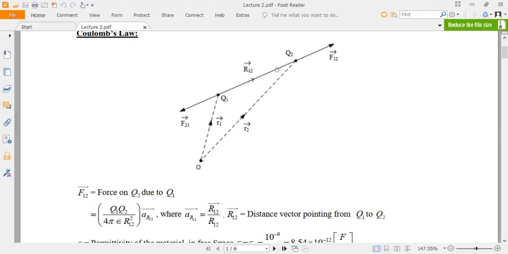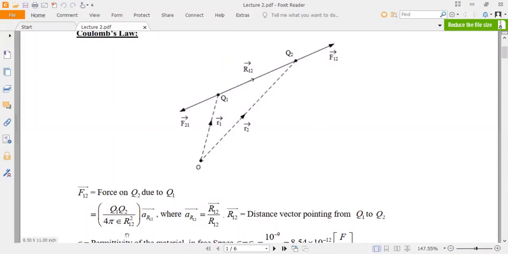The unit vector a, R12 bar is the unit vector pointing along the direction of the capital R12 vector, which is the distance vector.